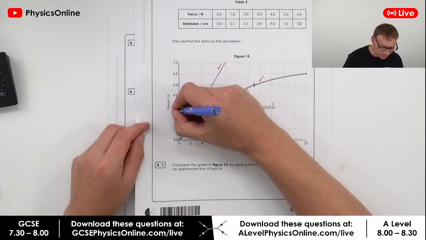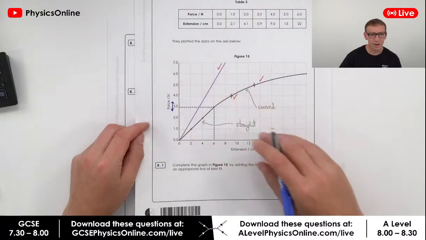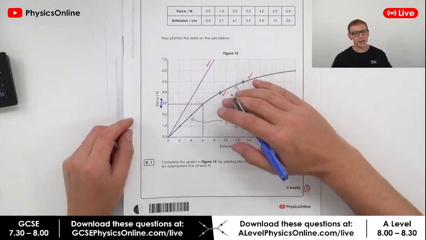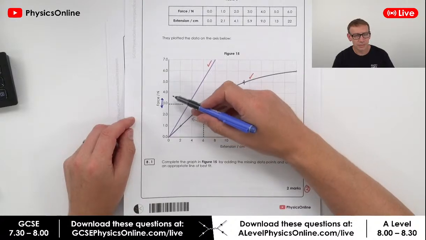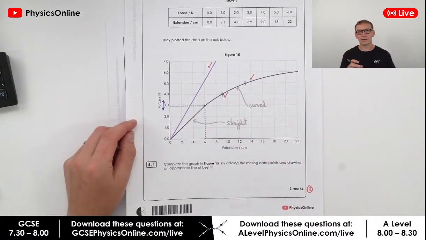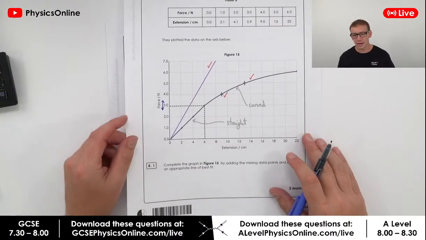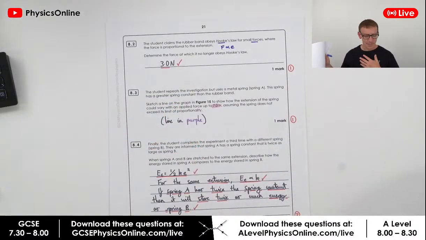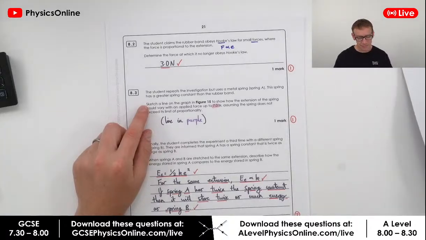But of course, there's always going to be a big margin of error in real exams, because is it 3.0 or 3.1, 3.2? They often give in the marking guidance quite a range of answers that you can get. The student then repeats the investigation but uses a metal spring.